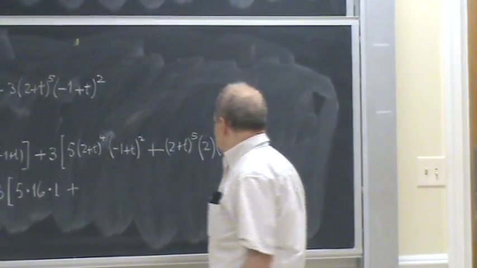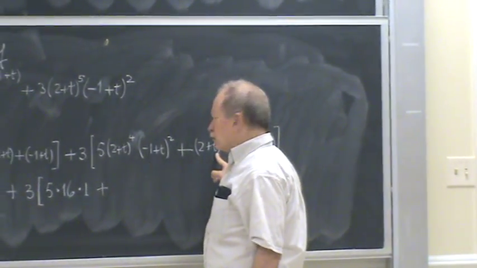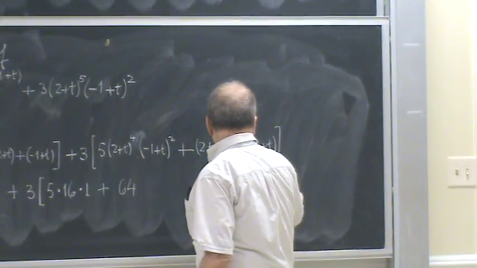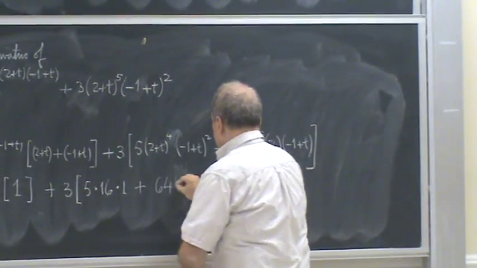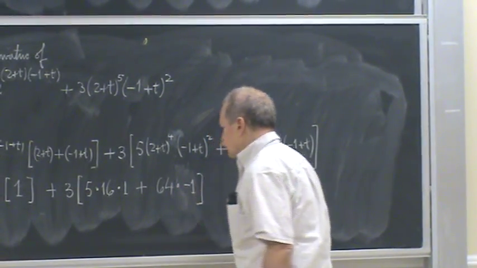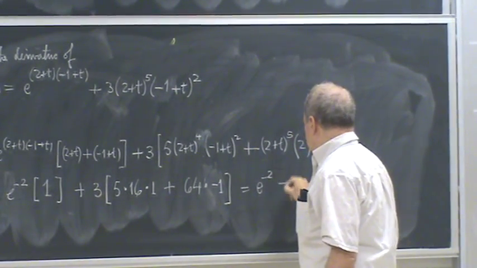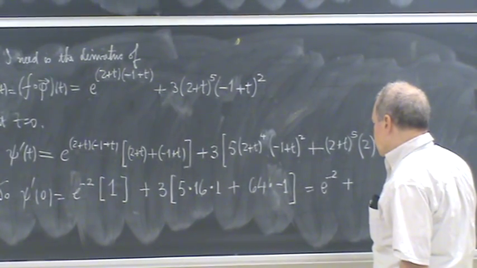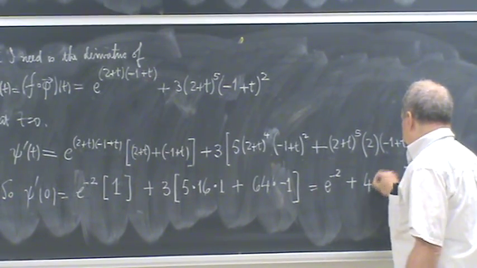Plus 2 to the 5th is 32, times 2, times negative 1, times negative 1. So that's 80 minus 64, so that's 16, so that's 48. So I've got e to the negative 2 times 48. That's the answer.